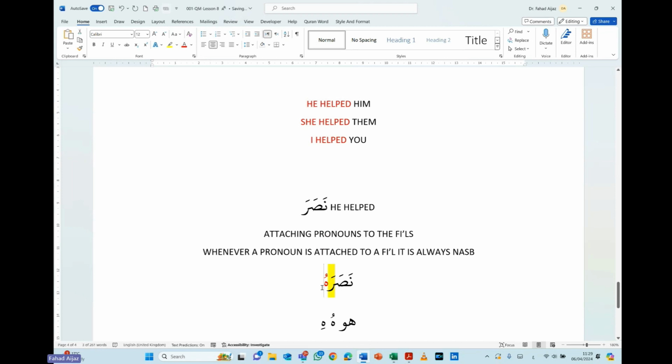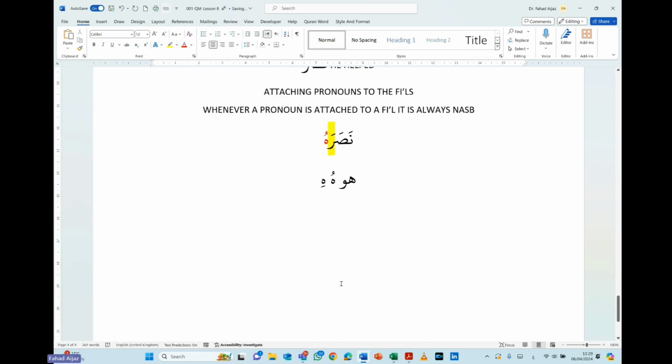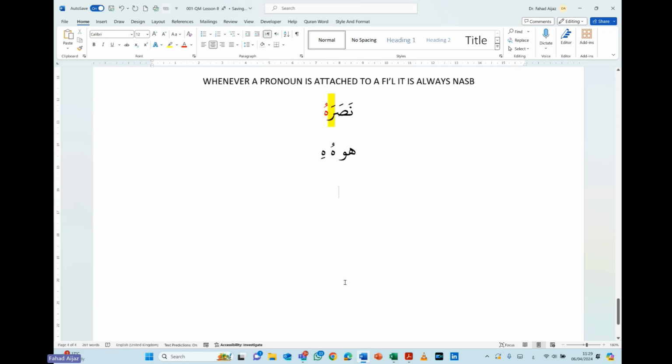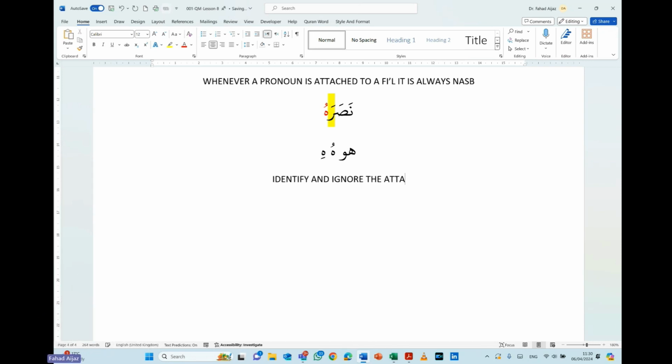So if you found this in the Quran, anything like this, how are you decoding that? So there's a process to this. So first step: first you need to identify and ignore the attached pronoun.